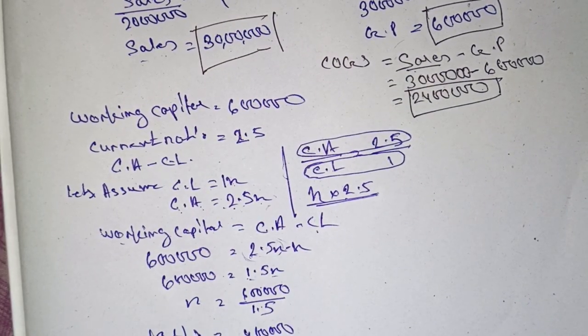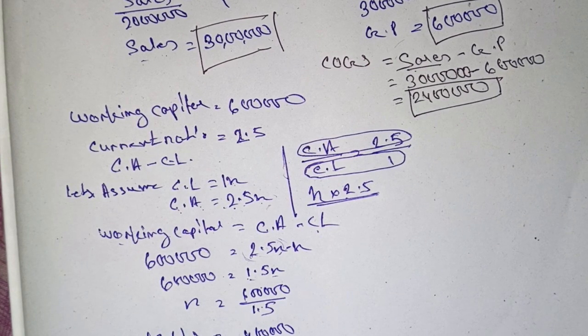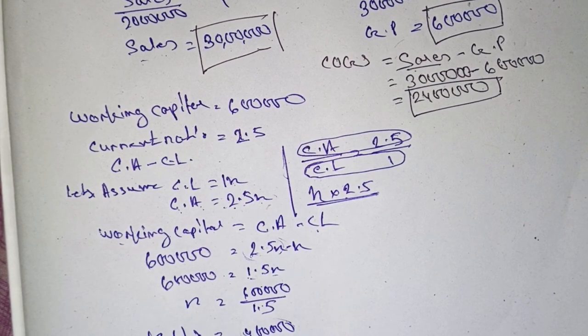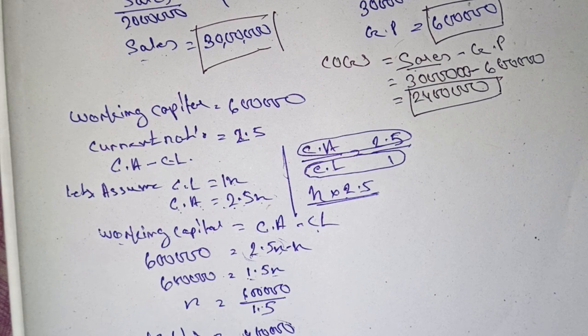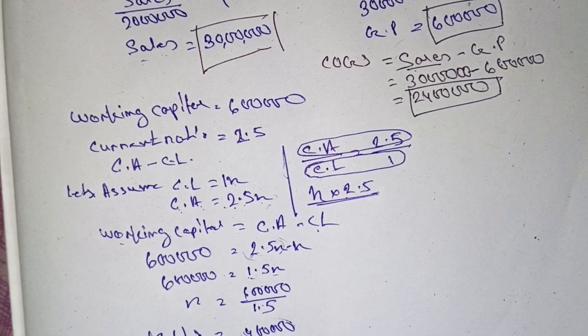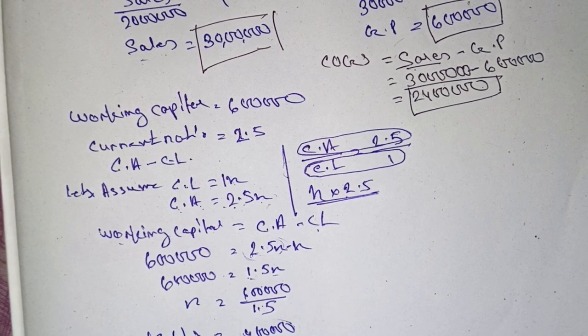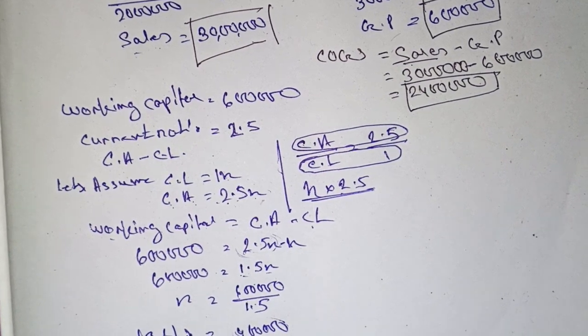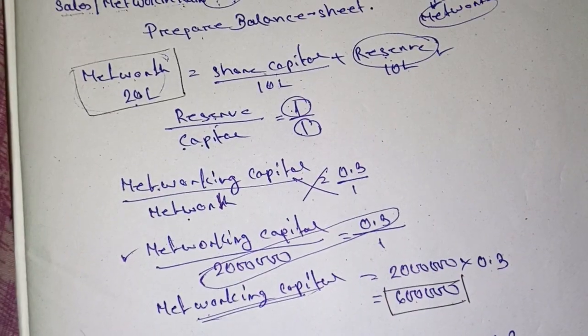Then current asset will be 2.5 times the current liability, meaning 2.5 times 4 lakh. 4 lakh multiplied by 2.5 equal to 10 lakhs. So we have solved our current ratio.